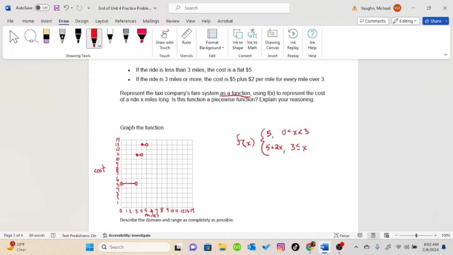This is a piecewise function because it follows a different rule depending on the value of x.